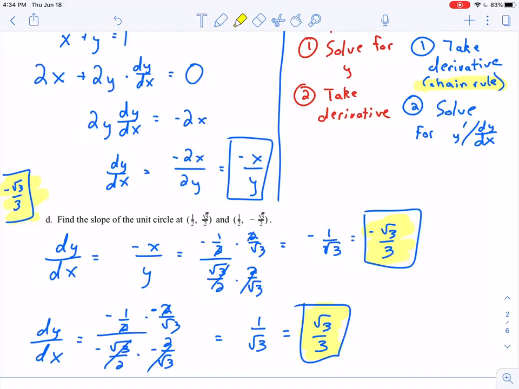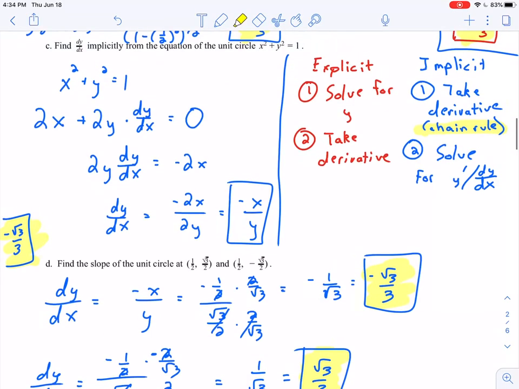It also allows us to take derivatives of relations where perhaps that first step of solving for y, maybe we can't even do that. What if we can't? I'd still like to be able to find the slope of the tangent line and do all the cool calculus stuff that we've been doing all this time.